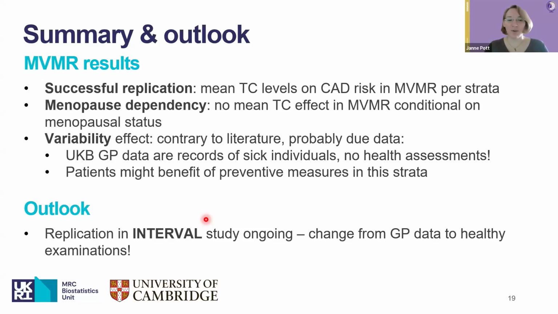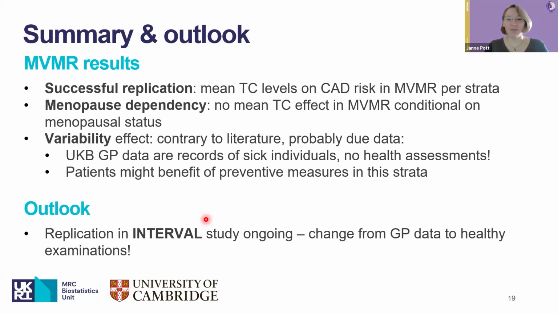But this might be due to our UKB data set. We don't have healthy assessments. We have assessments from people who are sick enough to go to their GP, and that might actually bias our observation. In this case, it means people are going to their doctors, they're getting more measurements, they're getting statins, so lipid-lowering medication, and that actually might prevent cardiovascular disease risk.